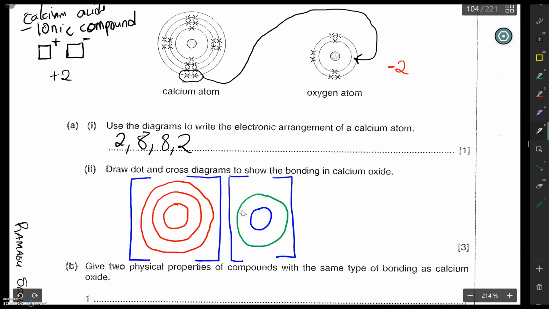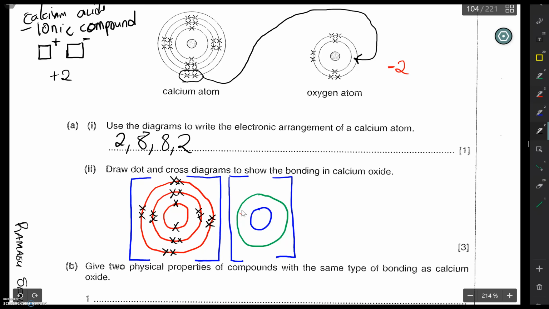Okay, so I have drawn the shells for calcium and oxygen. Now let's put in the electrons. 2, 4, 6, 8. 2, 4, 6, and 8.